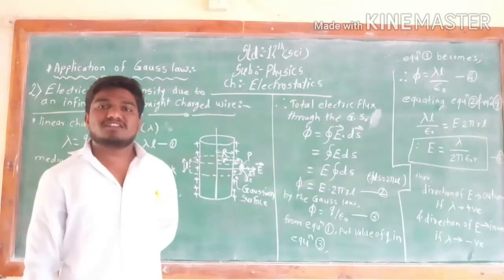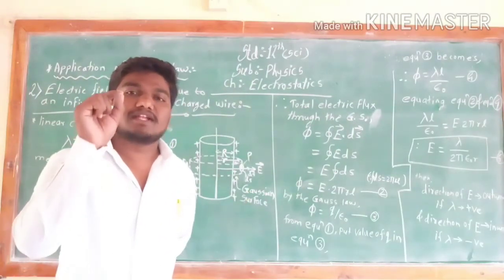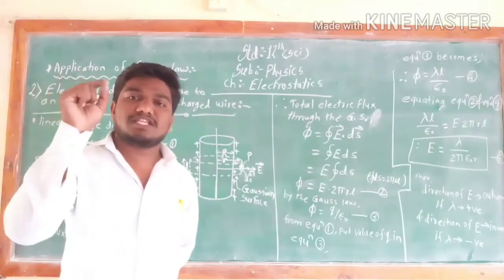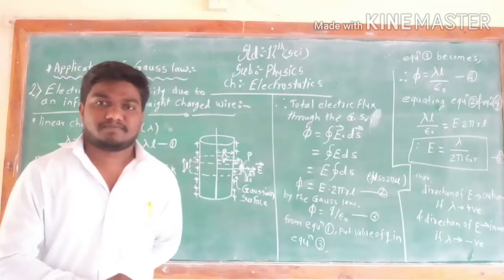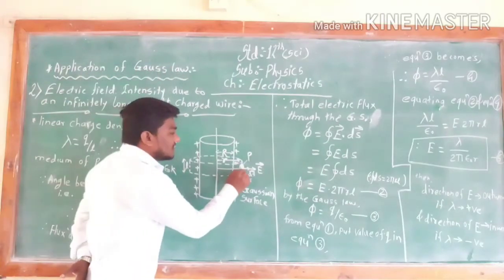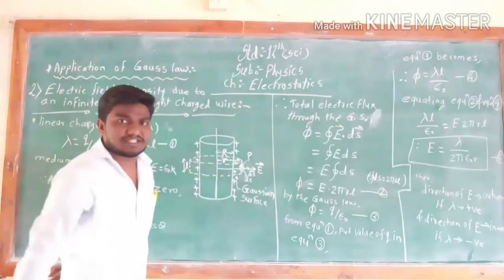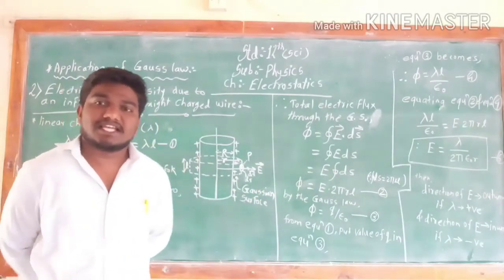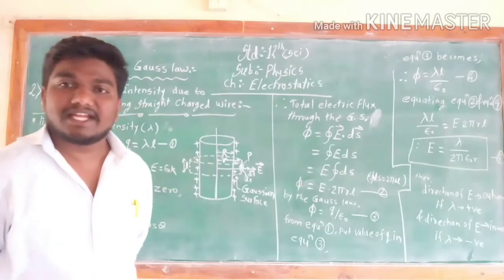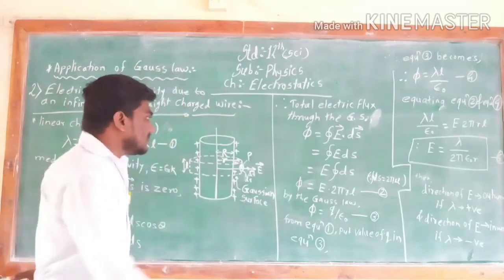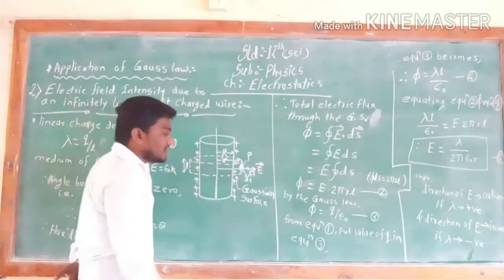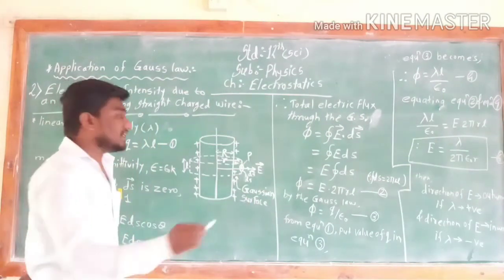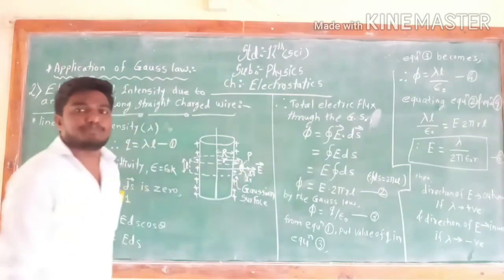The point P lies on the Gaussian surface. The electric field is directed radially out from this cylinder. dS is the small surface, and we determine the electric field intensity at the point P.